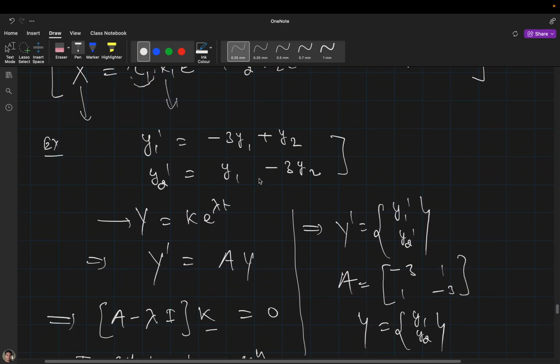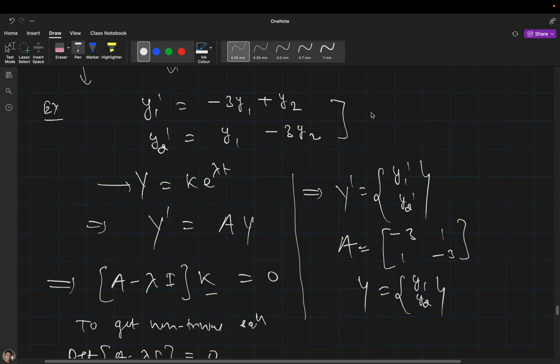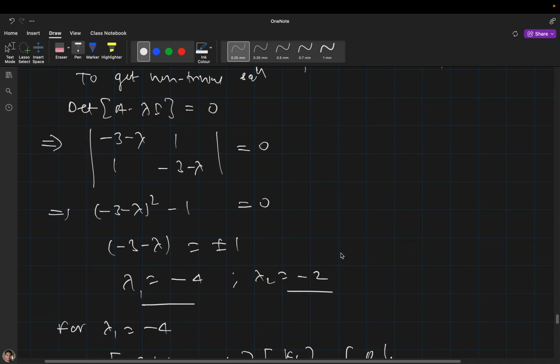Suppose this is the system of differential equations, and if we write this differential equation in this form, then what is the matrix A? It's very simple, no? Yes, sir. That was the 1 mark question. So you can solve that very easily.